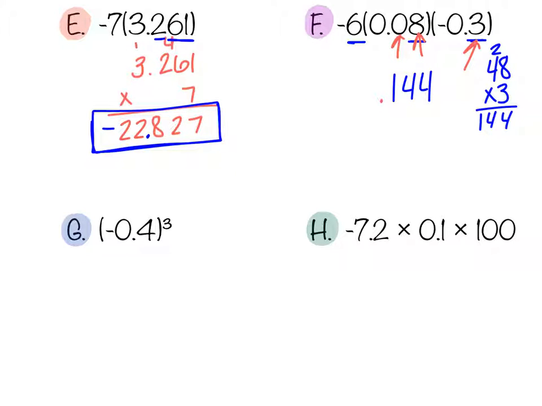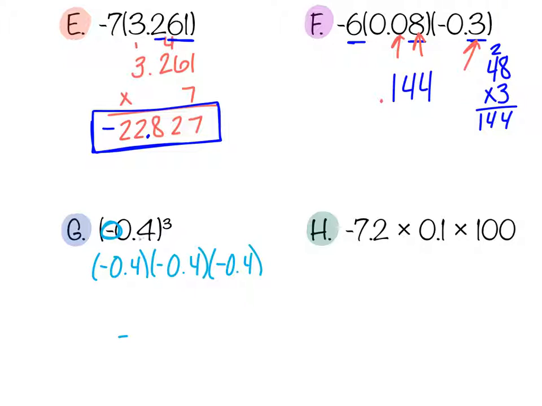In example G, you can see a couple things here. First of all, we're raising it to the 3rd power, and the negative is included in the parentheses. So this would be the same as negative 0.4 times negative 0.4 times negative 0.4. Now you can rewrite it out, but you knew that the negative was going to show up 3 times, and 3 negatives makes our answer negative.